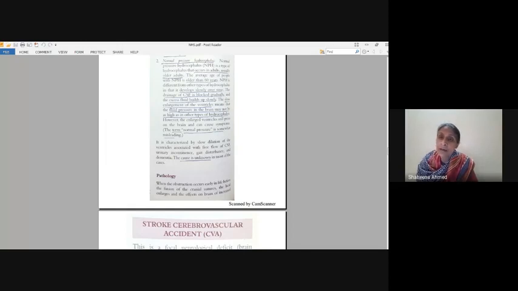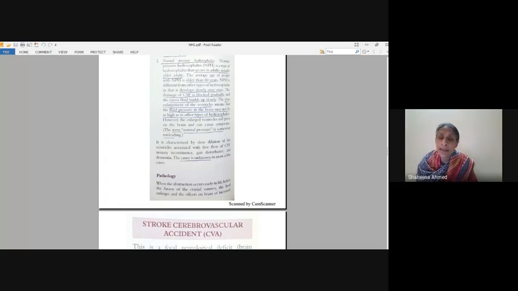So the hydrocephalus is there, but the process is so slow and so gradual that this condition has been termed normal pressure hydrocephalus. Although the pressure is not normal, it is raised, but the process is so slow that the person has time to adapt to this condition.